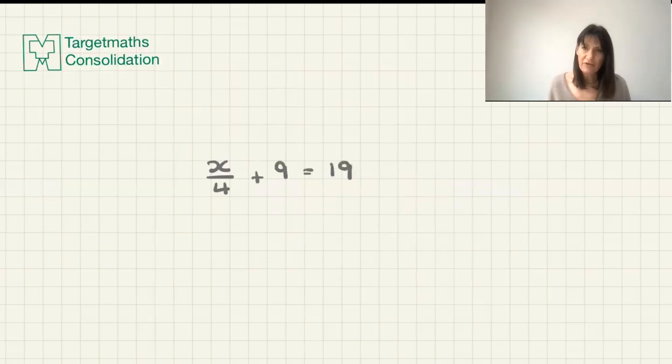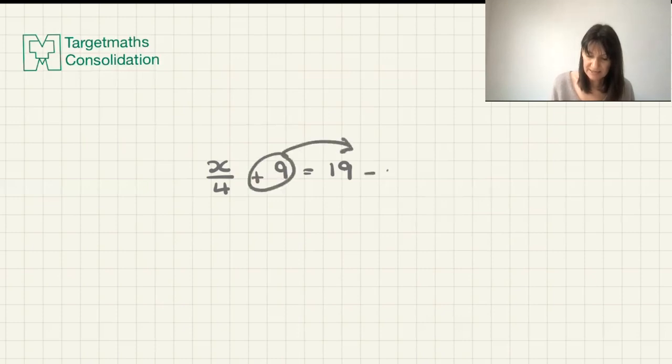Okay. Find a solution for x. Press play when you're ready. Okay, so I want to get x on its own. I've got x divided by 4 plus 9. Plus 9 was the last thing I said, so it's going to land as minus 9. That's going to give me x divided by 4 equaling 10.